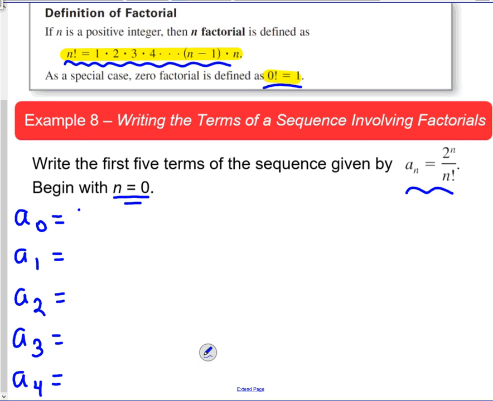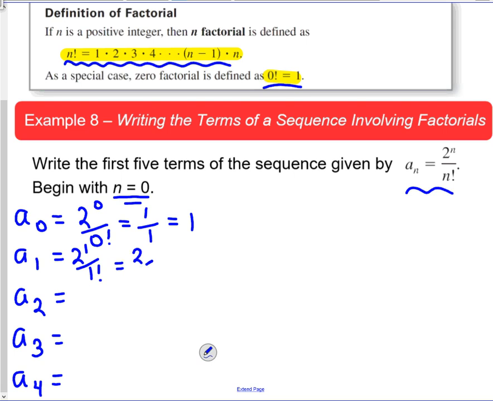So we get 2 to the 0 power divided by 0 factorial. And we already know that 0 factorial is a 1. 2 to the 0 power is also a 1, so we end up with a 1 for the first term. To get a sub 1, you're going to replace every n with a 1. So 2 to the first over 1 factorial.